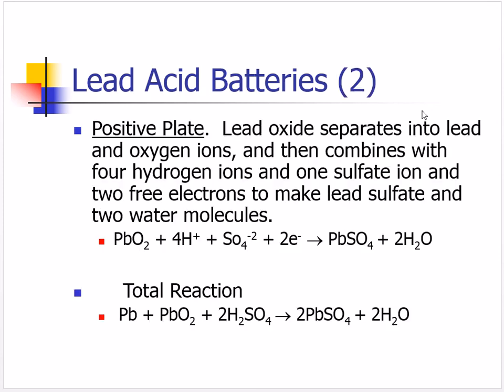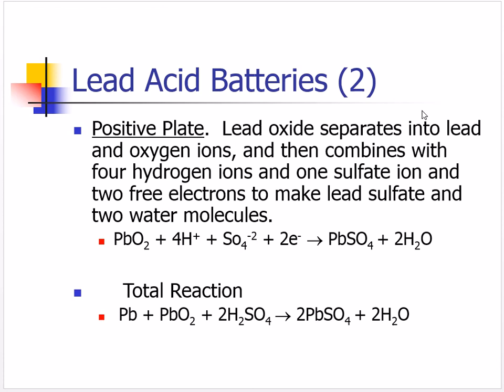On the positive plates, the chemical reaction is more complicated. The active component is lead oxide, PbO2. So for the lead oxide, we need 4 hydrogen ions, which are positively charged protons, and then we need 1 sulfate ion, and we need 2 electrons to balance the charge.